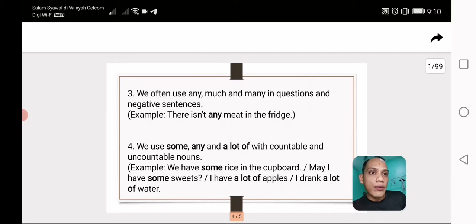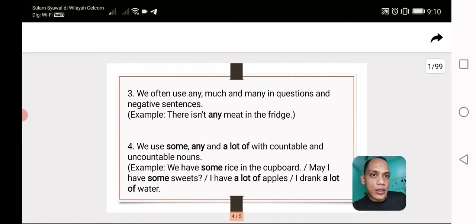So I'm going to explain about any. Any usually is used in negative sentences. Negative sentences, like I always tell you, sentence that has not. For example here, there isn't any meat in the fridge. Isn't tu maknanya apa?